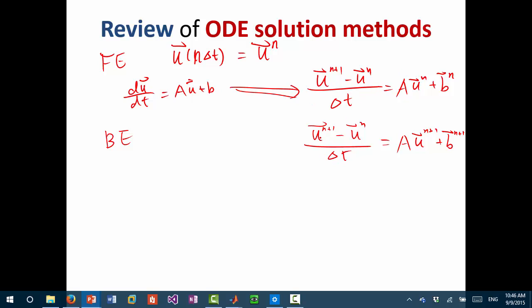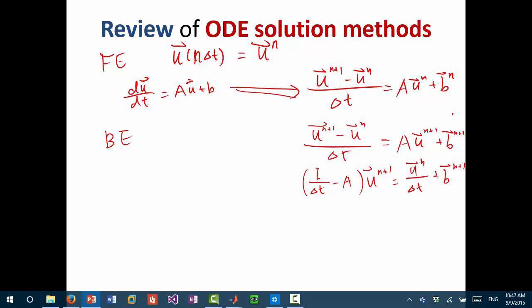For backward Euler you do need to invert A, because this system has to be solved as identity over delta t minus A times u n plus 1 is equal to u n over delta t plus b of n plus 1, right? Because u n is known, u n plus 1 is unknown.